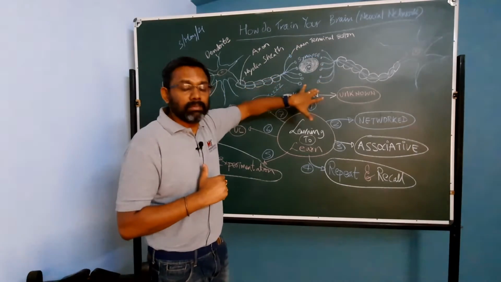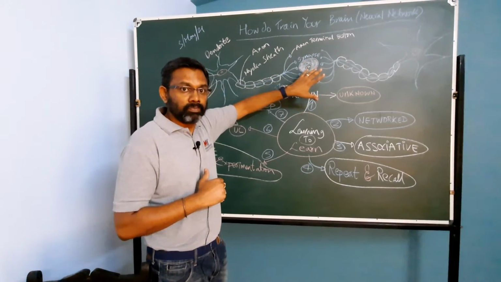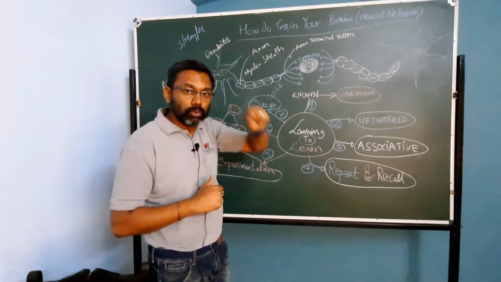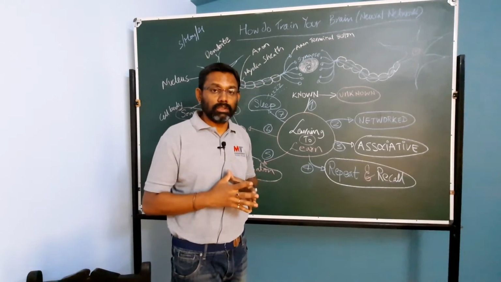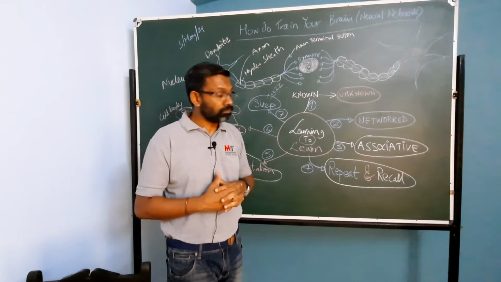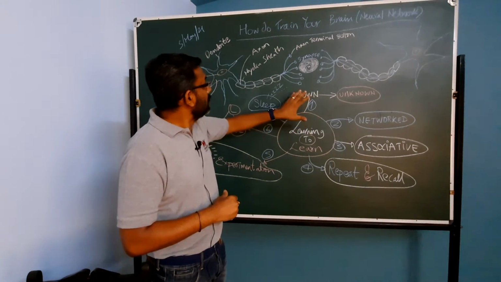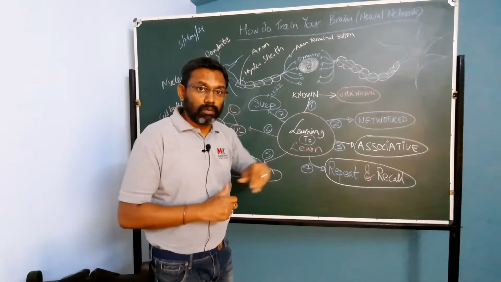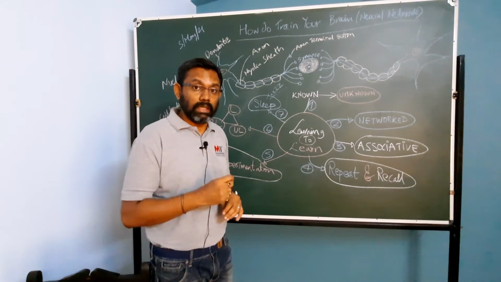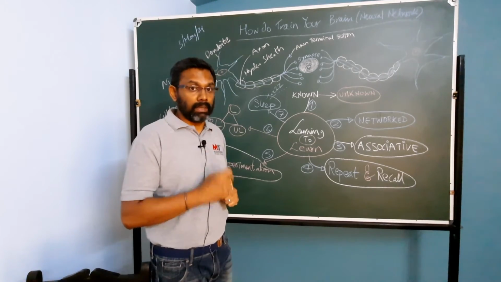And each time it creates new connections through new synapses, it gives birth to new insights, new knowledge, and a lot of deep wisdom. And the networked architecture of the human brain makes it extremely unique and also very powerful.